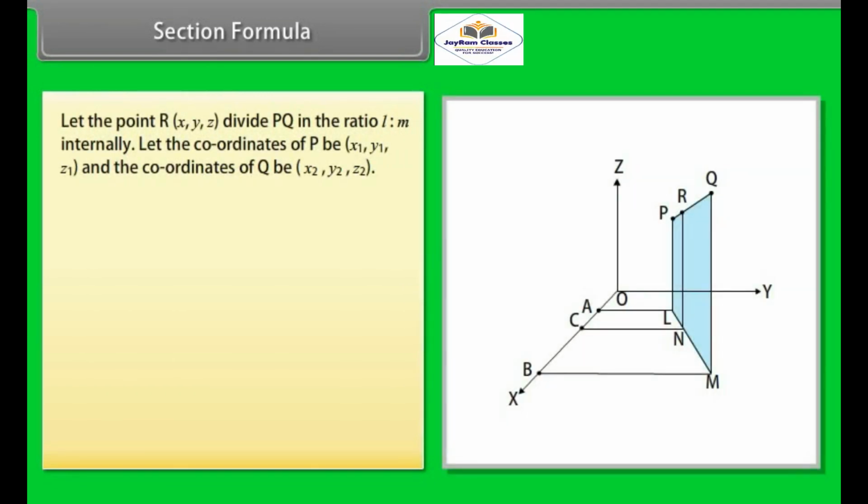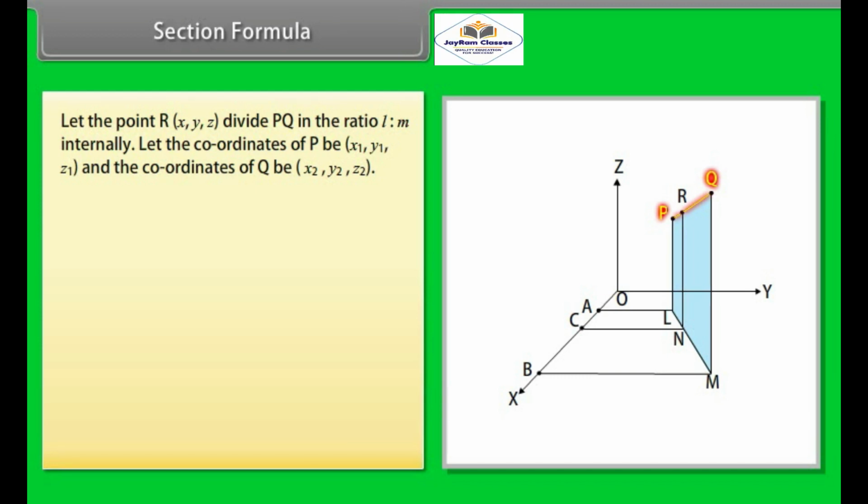Section formula. Let the point R(x, y, z) divide PQ in the ratio l:m internally. Let the coordinates of P be (x1, y1, z1) and the coordinates of Q be (x2, y2, z2).